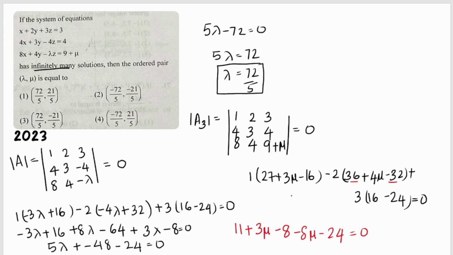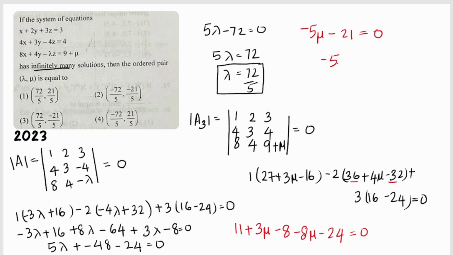That means we have 3 nu minus 8 nu, that is minus 5 nu. Then you have 11 minus 8, that is 3. 3 minus 24 is minus 21 equals 0.